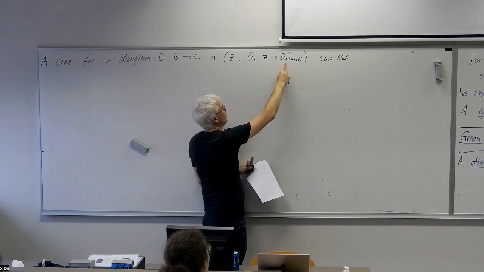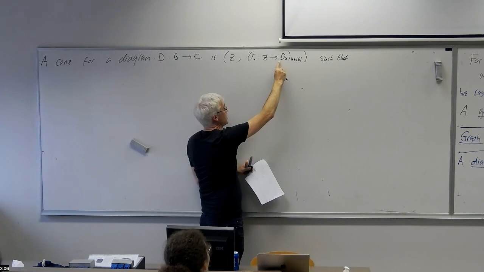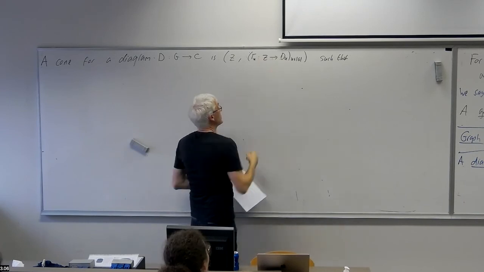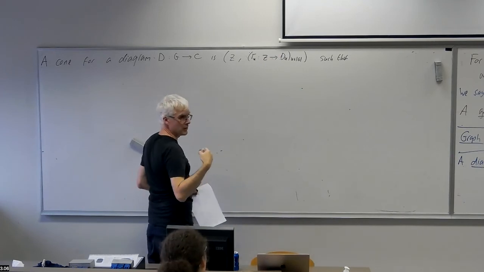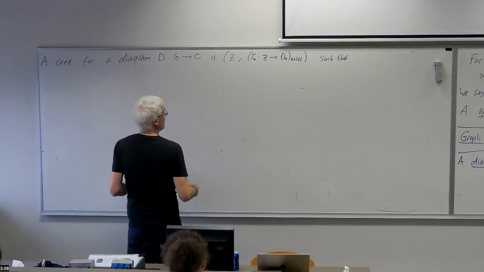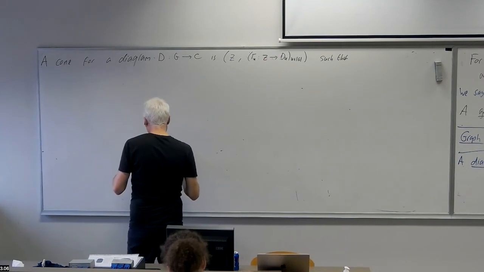So for every vertex in the graph shape, this is the object we've labeled it with, and the cone is a family of maps, one from the vertex to each of those labeling objects, such that all the triangles commute. So the triangles are given by the edges.